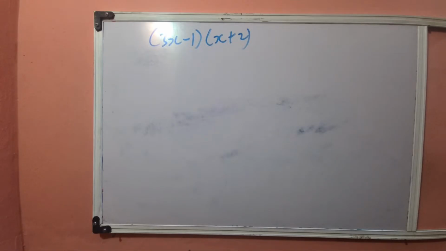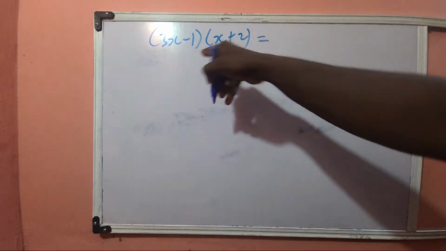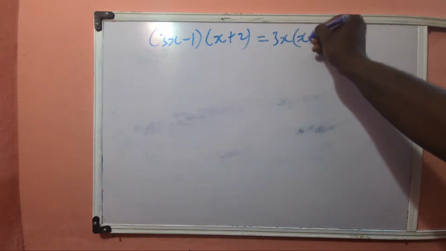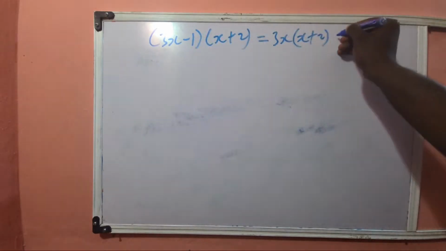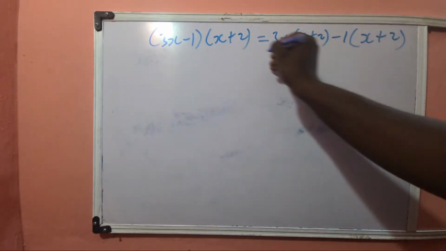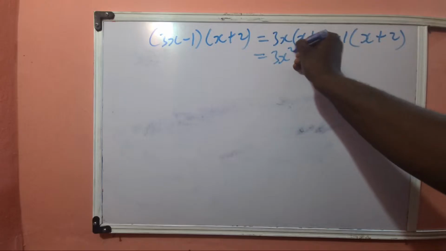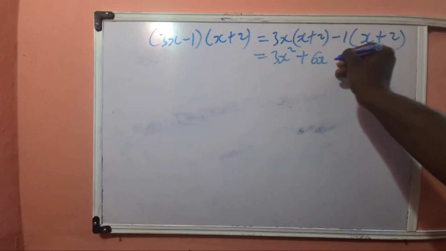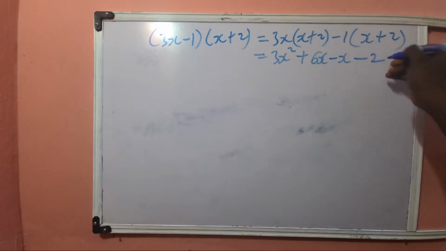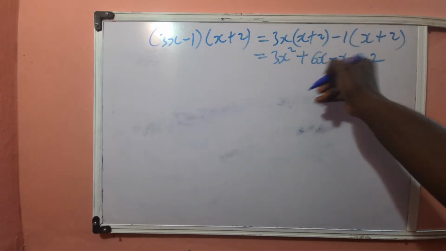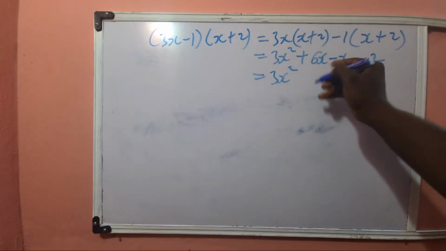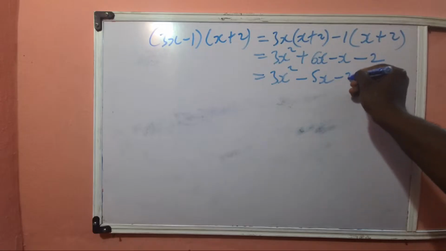You multiply this by taking the first term here, then multiply with all the terms here. Then you take the second term here, multiply with all the terms here. So what you have here, you have 3x squared plus 6x minus x minus 2. Then you go on to dissolve whatever is dissolvable. So we have 6x minus x will give me 5x minus 2.